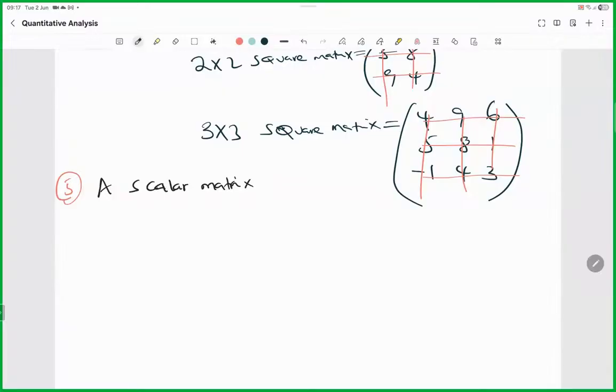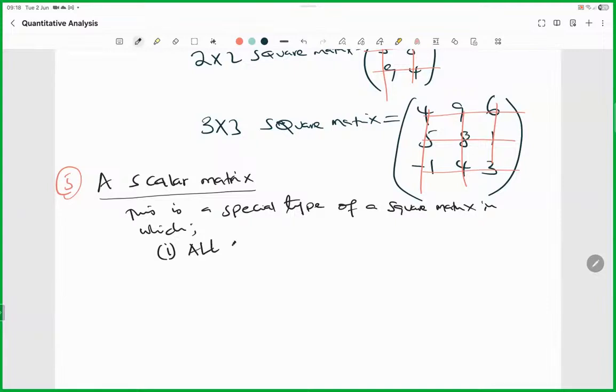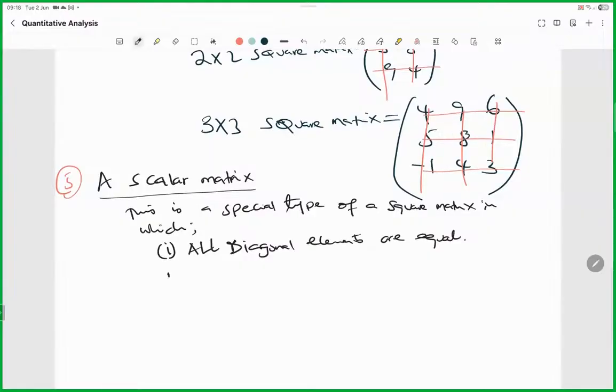This is a special type of square matrix in which all main diagonal elements are equal, and all off-diagonal elements are 0.